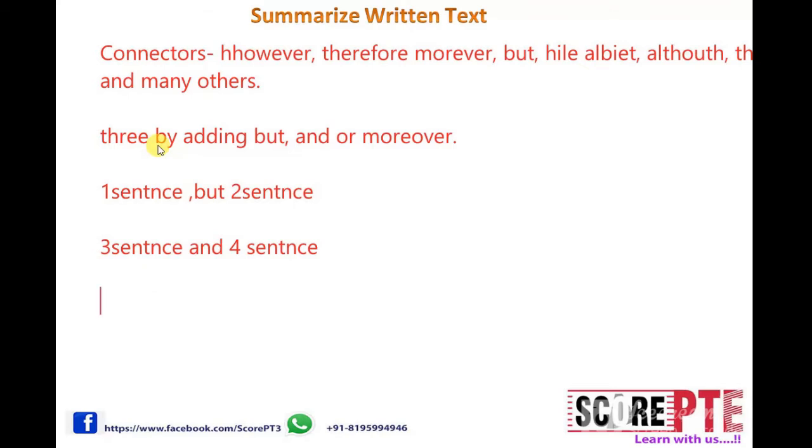Now with our fifth sentence we can use moreover. After that, sixth sentence. Connecting 6 sentences with different connectors will help you to get accuracy and to get high scores in summarize written text.